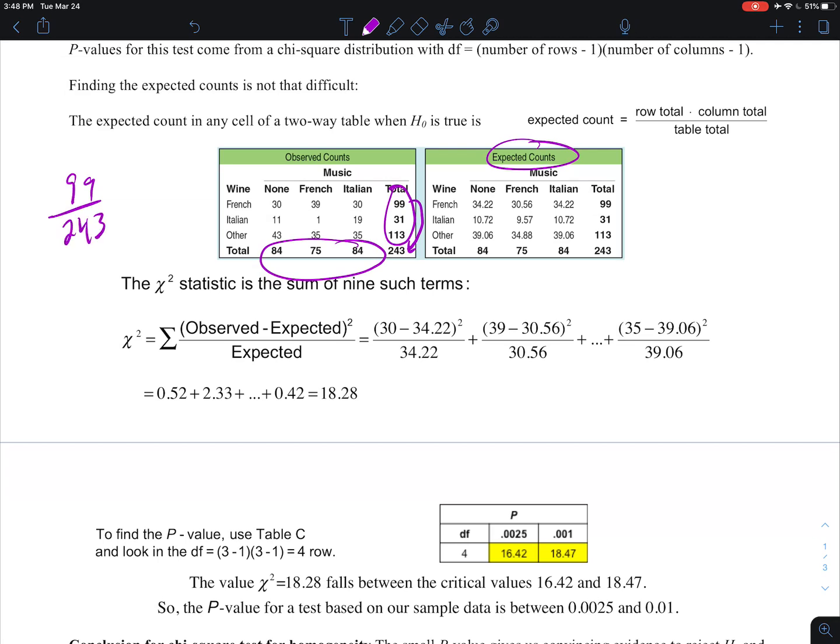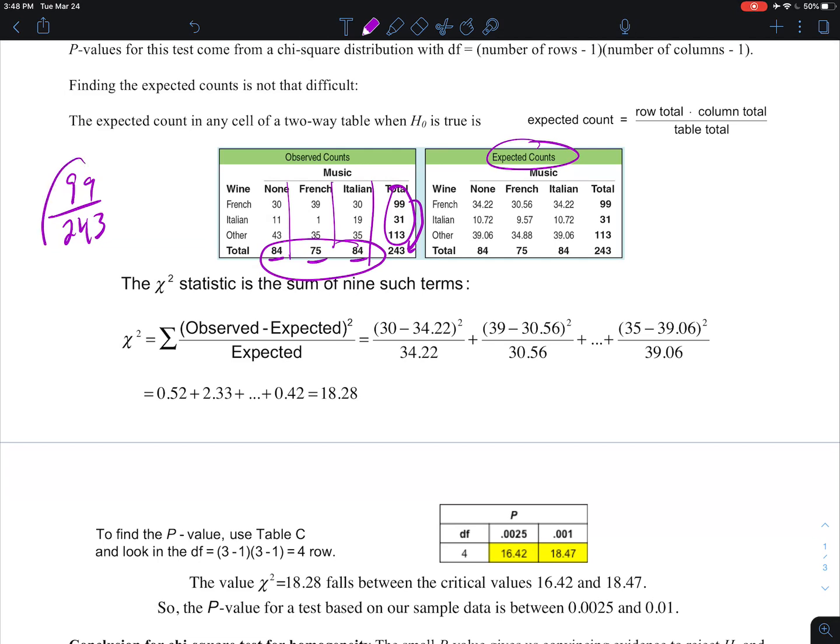If the groups are not different from each other, then I would expect to get that fraction of wine purchased for this group of none, for this group of French, and for this group of Italian. That doesn't mean that they're divided equally among the groups, because there were 84 shoppers that weren't hearing any music, 75 shoppers that were listening to French music, and 84 that were listening to Italian music.